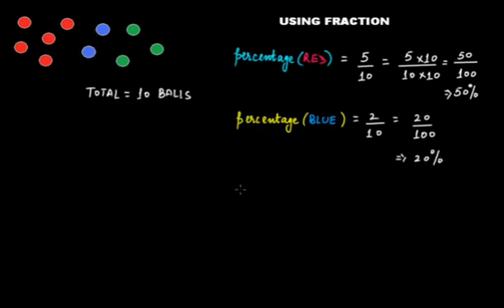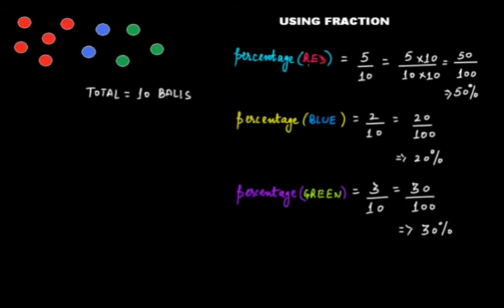Next one is percentage for green balls. In this case, the fraction is 3 over 10. So the equivalent fraction for this one will be 30 over 100, if we multiply the numerator and the denominator with 10. And what percentage does it represent? It represents 30%.